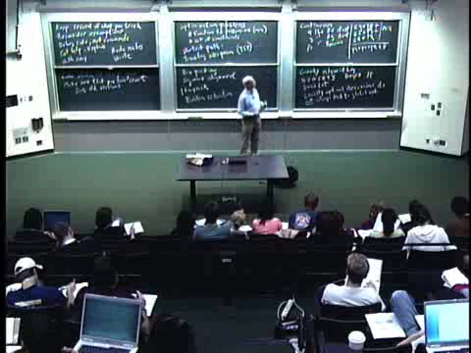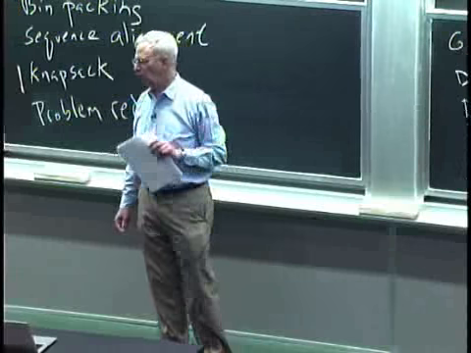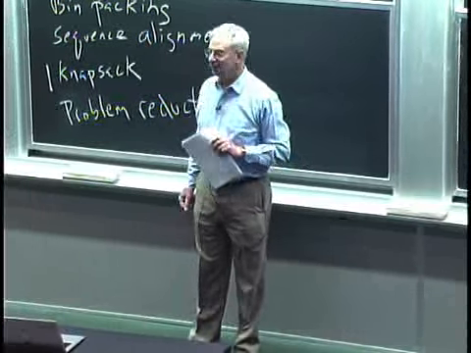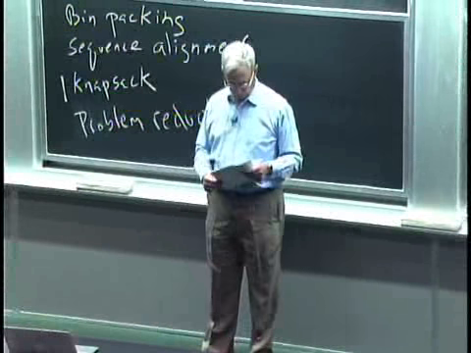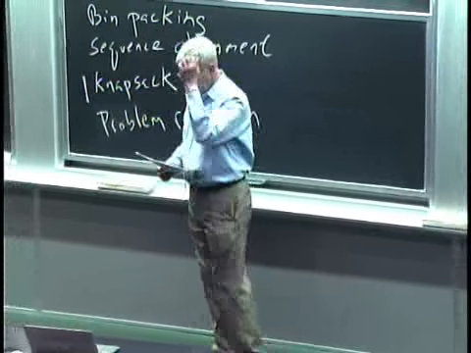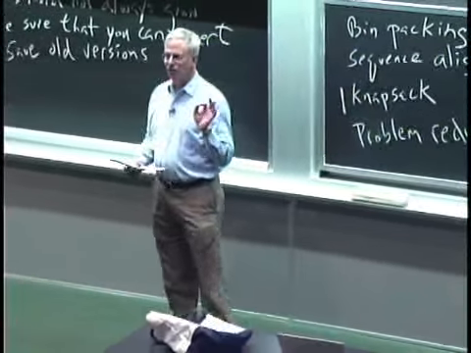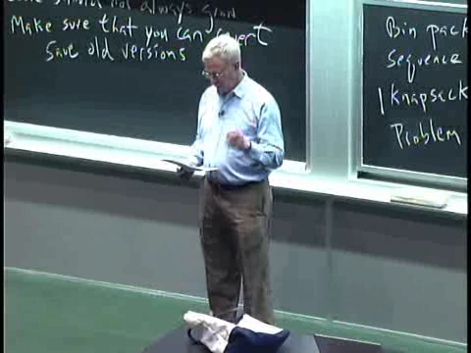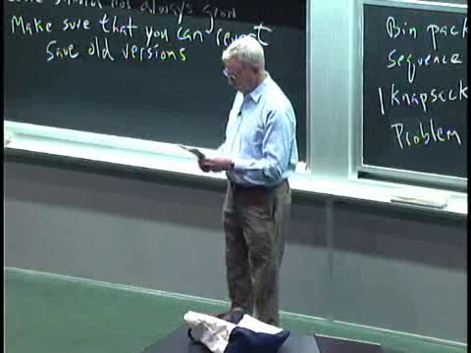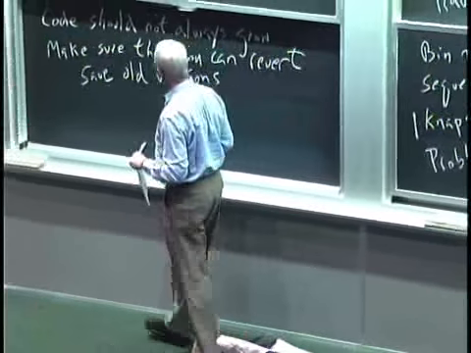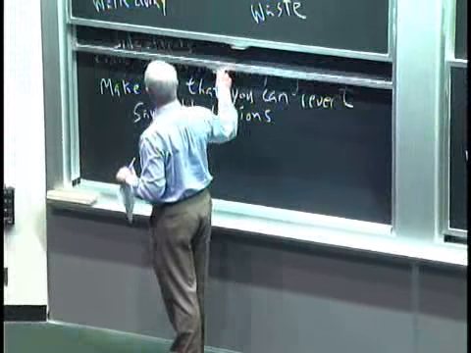Now, as it happens, with the continuous knapsack problem as we formulated it, greedy is good. But let's look for a slight variant of it where greedy is not so good. And that's what's called the 0-1 knapsack problem.